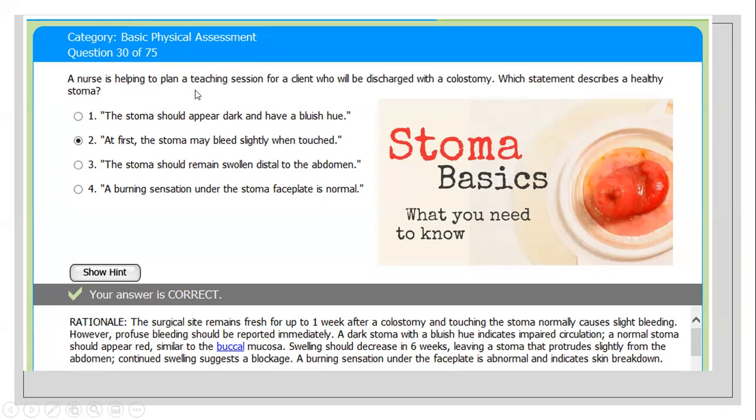The keyword here is the teaching session for a client who will be discharged with a colostomy. So what is a colostomy? A surgical operation in which a piece of the colon is diverted to an artificial opening in the abdominal wall, so as to bypass the damaged part of the colon.